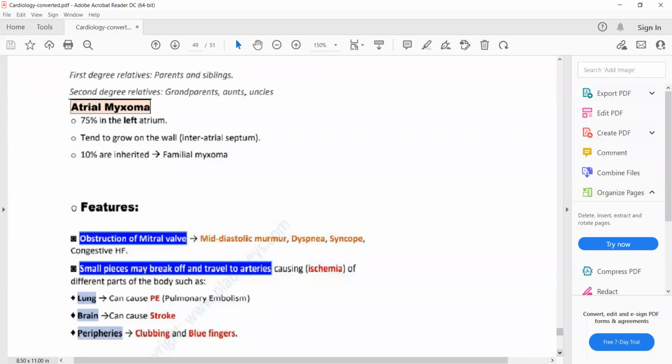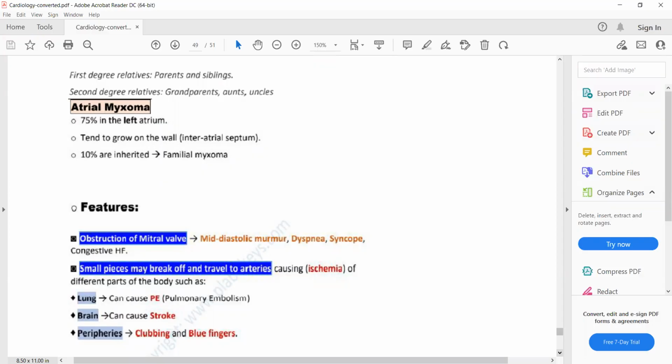So the features of mitral stenosis will be present, because there is obstruction to the blood flow, which also happens in mitral stenosis because the valve becomes narrow. So the features of mitral stenosis will be present, such as a mid diastolic murmur.